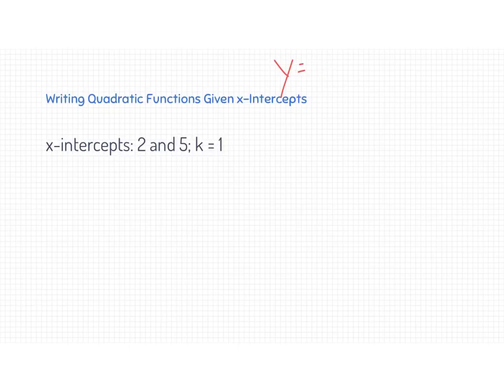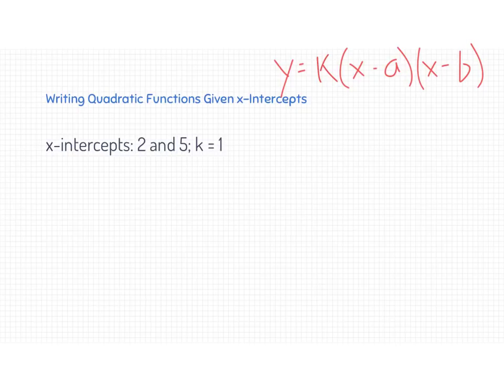Going back to what we normally have been doing, that would be a, but in this form they'll use k, just so it doesn't get confused with the a inside there.